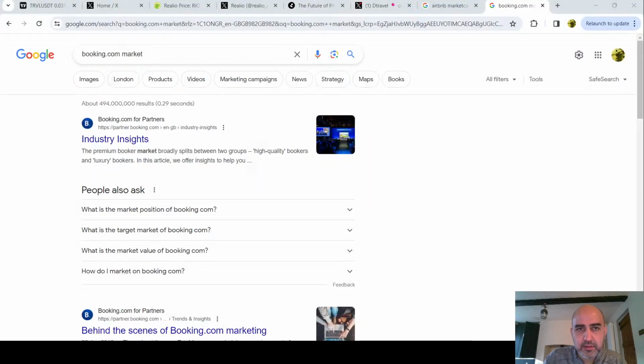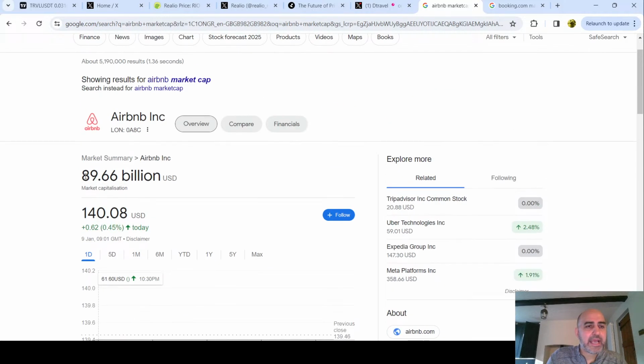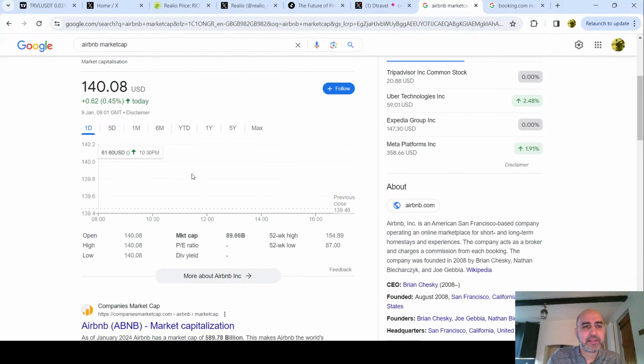I'm there now. So look, if I do Airbnb market cap, Airbnb market cap, 89 billion. Booking.com. Can you see that? Maybe not. It's gone blank. Give me a second. Let me just figure this out. There, look, Airbnb market cap, 89 billion USD market capitalization.